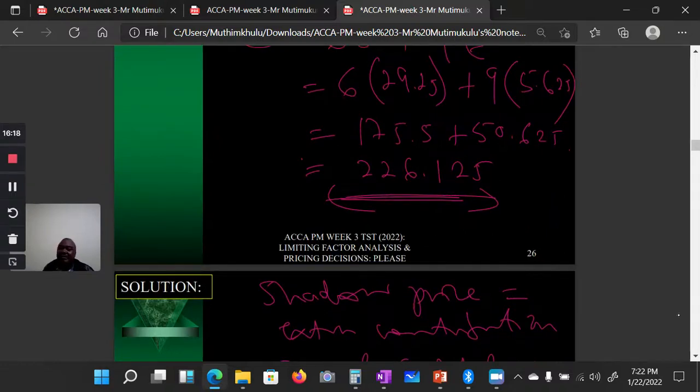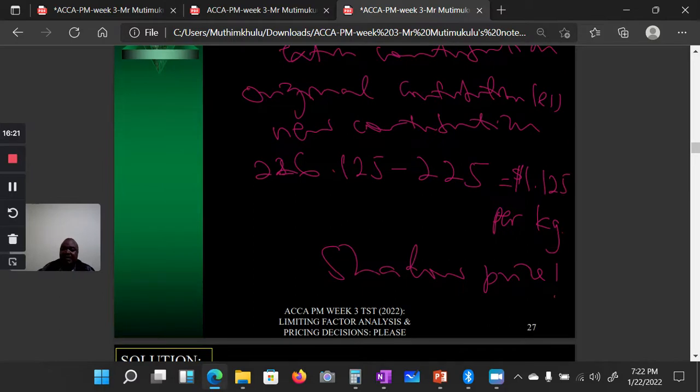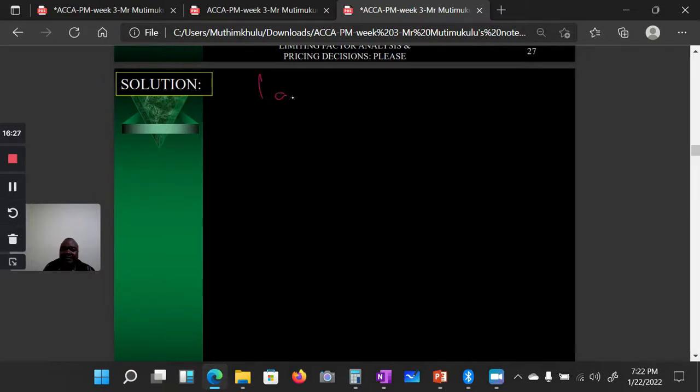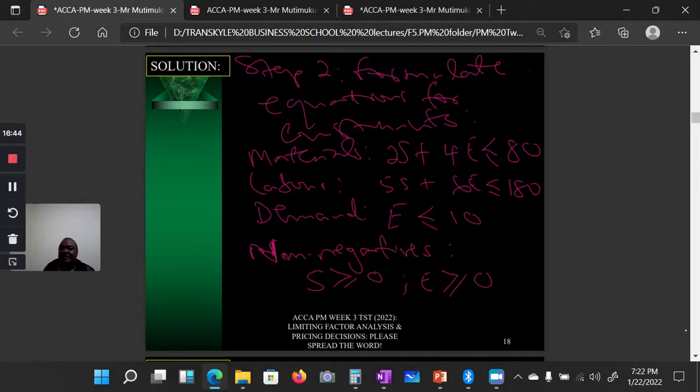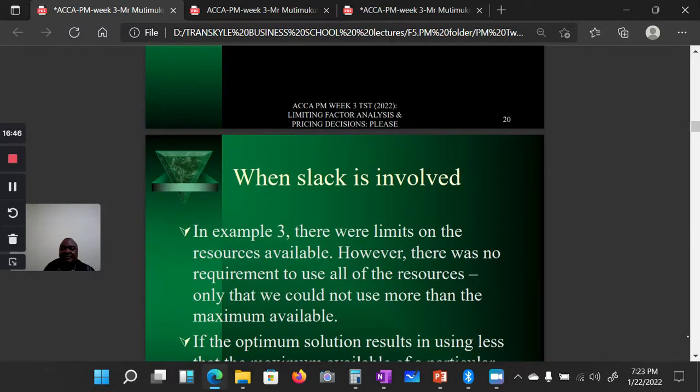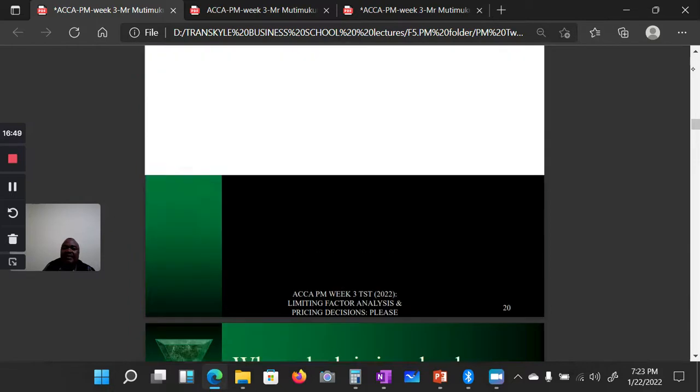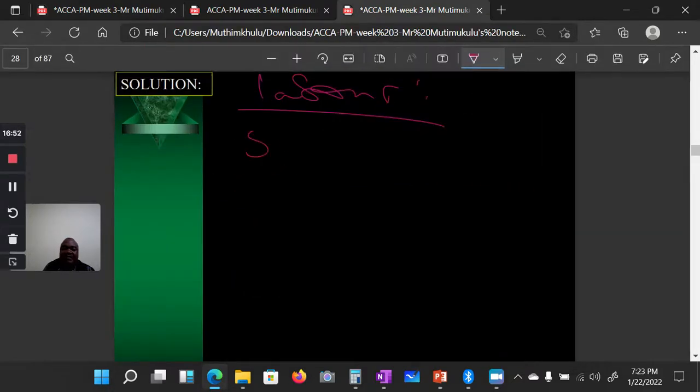You can do the same for the labor. If you add one extra labor hour, the equation would be 5s plus 6e is equal to 181.